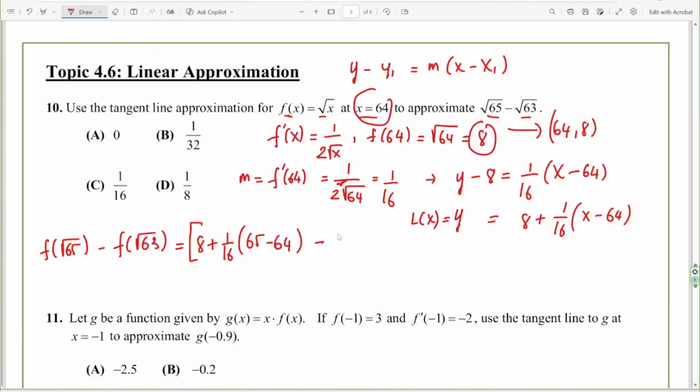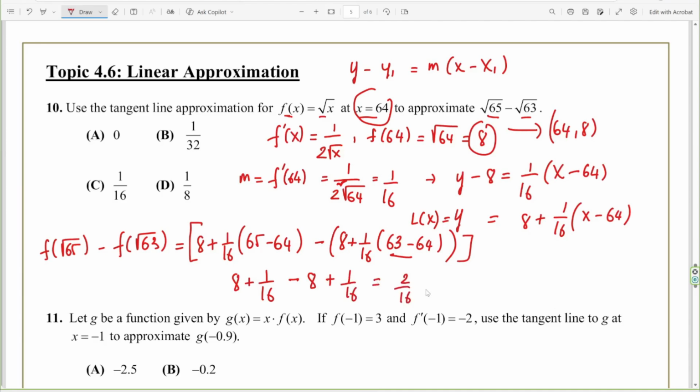Minus the second one, 8 plus 1 over 16 times 63 minus 64, right? So we have 8 plus 1 over 16, right? Minus 8 plus 1 over 16, right? So it's going to be 2 over 16 and it's going to be 1 over 8, right?